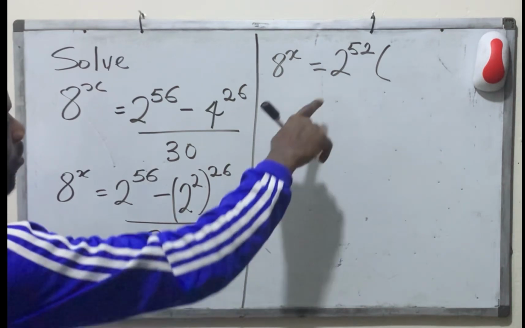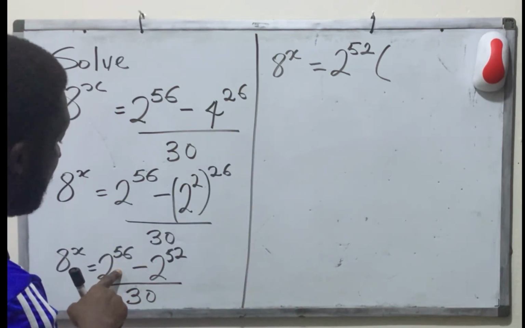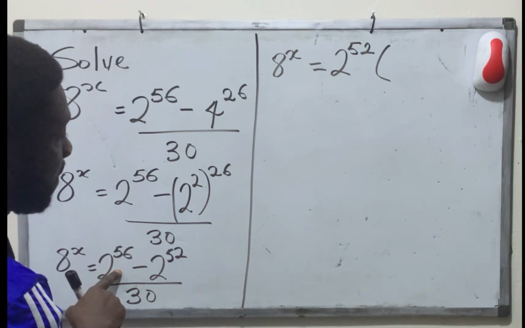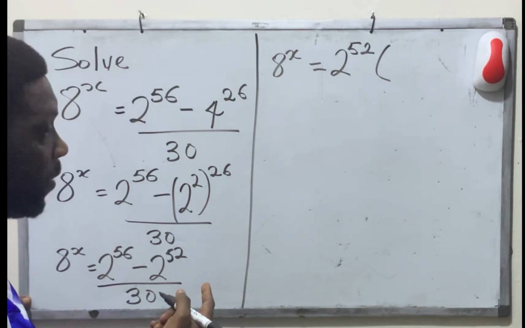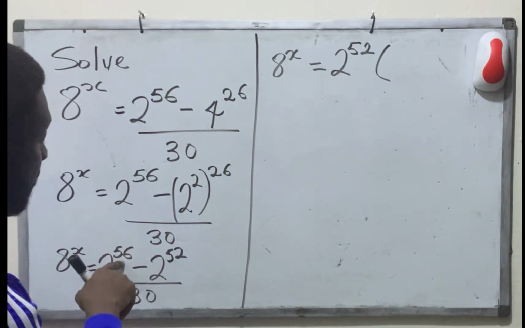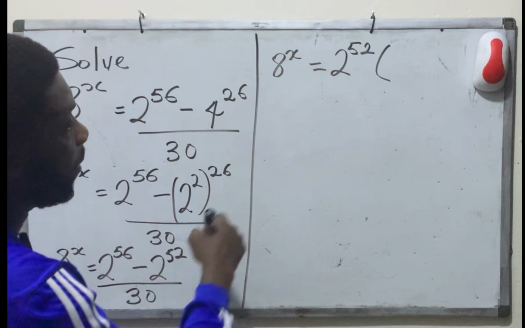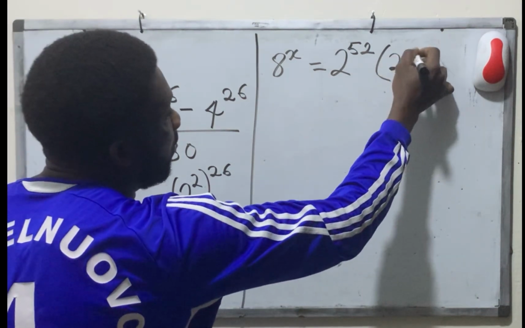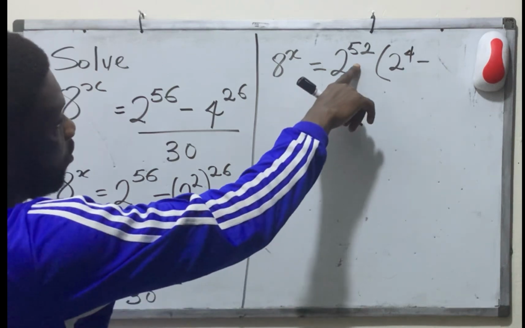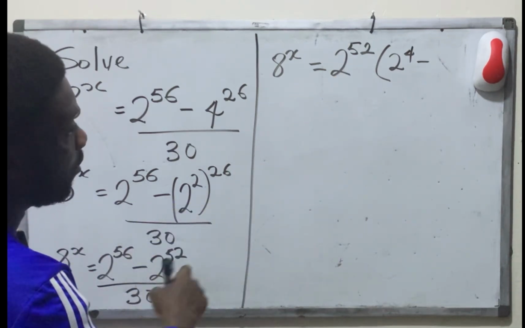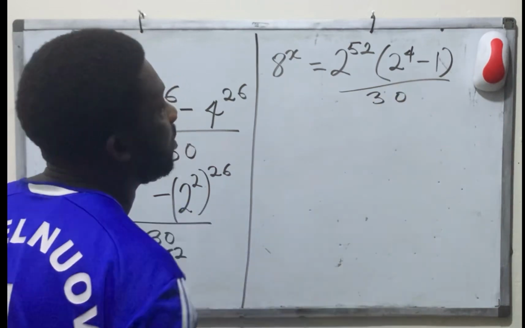Now, 2 raised to the power 56 divided by 2 raised to the power 52, we just subtract the powers according to the division law of indices. When you subtract 56 minus 52, you have 4, which is 2 raised to the power 4, minus 2 raised to the power 52 divided by 2 raised to the power 52, which is 1, all over 30.